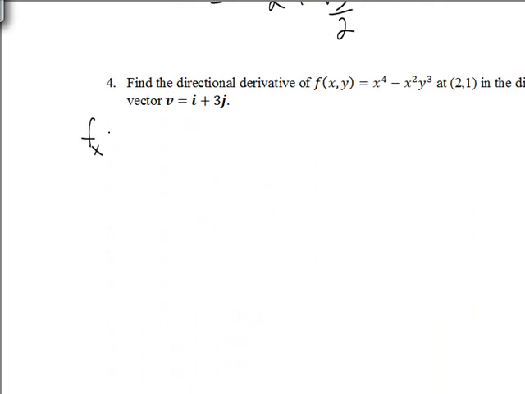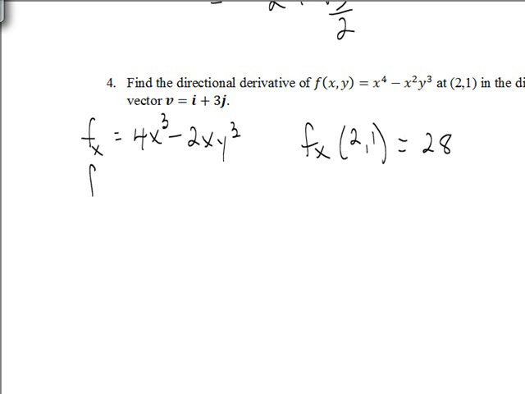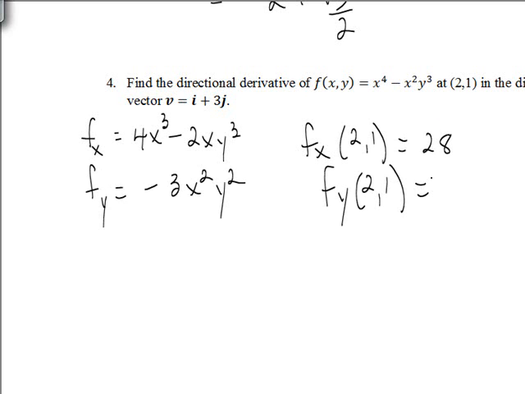Partial with respect to x equals 4x cubed minus 2xy cubed at the point 2, 1, and you will get 28. Partial with respect to y is minus 3x squared y squared. At the point 2, 1, you'll end up with minus 12. The unit vector in the direction of v, so the length of v is the square root of 1 plus 9, which is square root 10.